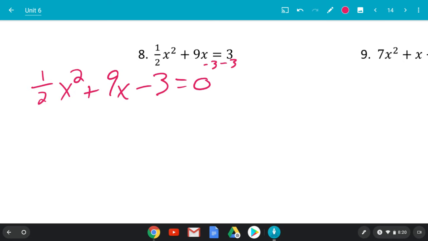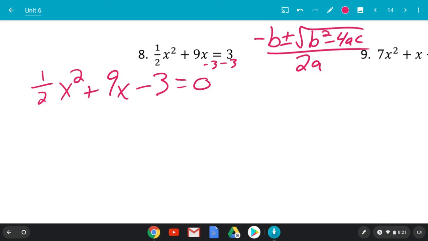Now it's ready. Quadratic formula: negative b plus or minus the square root of b squared minus 4ac, all over 2a. So a, b, and c.